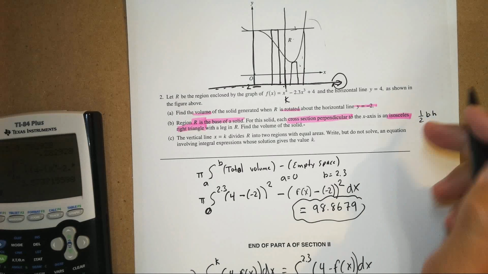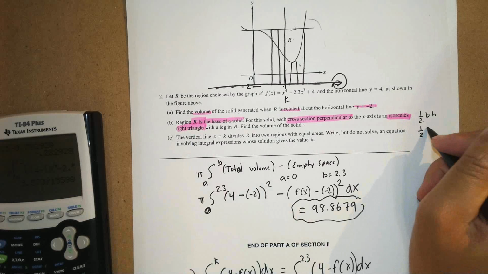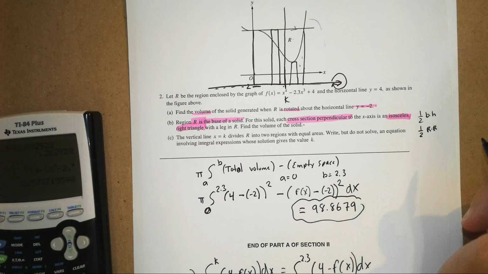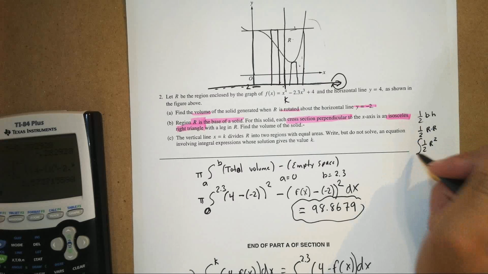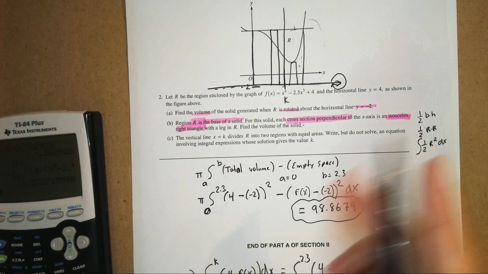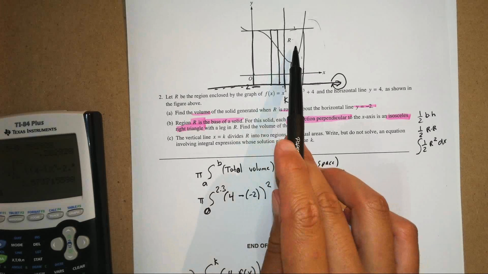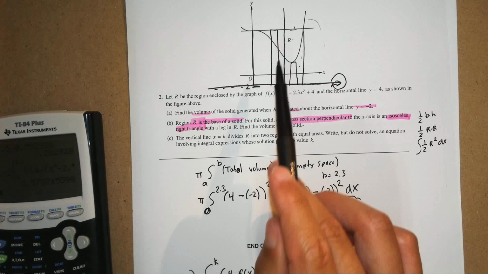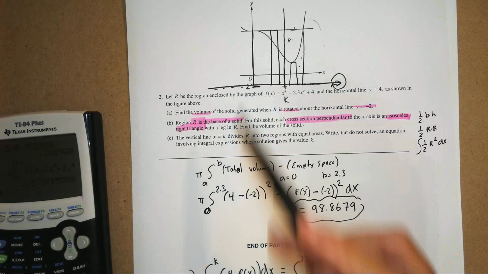Because they told you the base was region R, and base and height are equal to each other, it's region R times region R, which is half times region R squared, except you have to put an integral next to it, from a to b, dx. And then part C, it's telling you there's a certain k that's going to divide this into two equal areas: 0 to k, k to 2.3, and top curve minus bottom curve for both integrals.